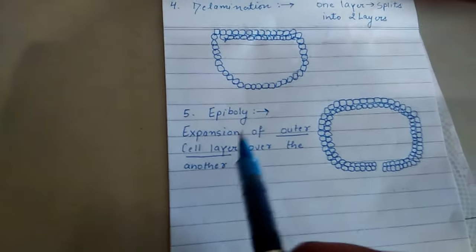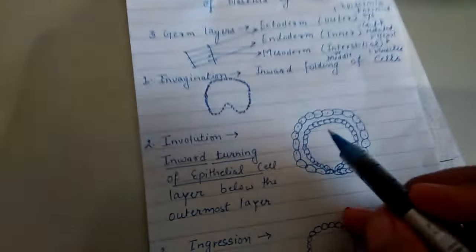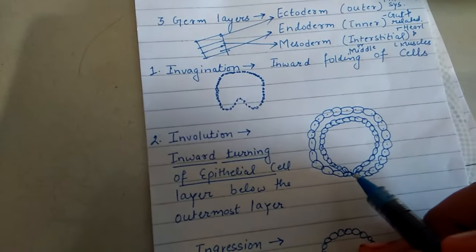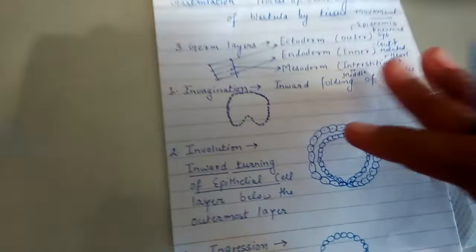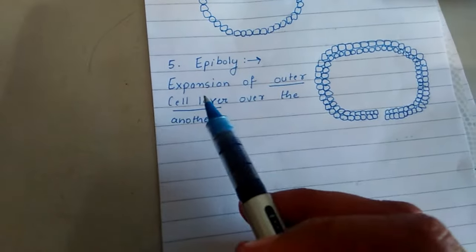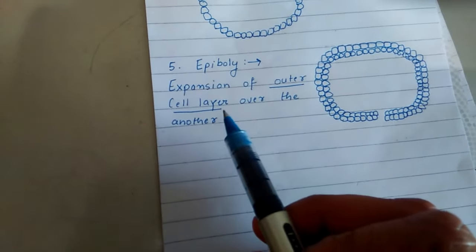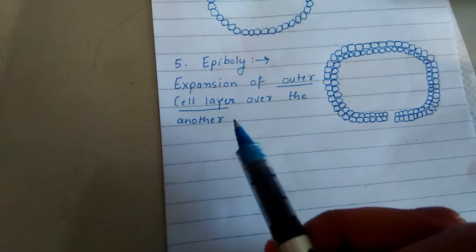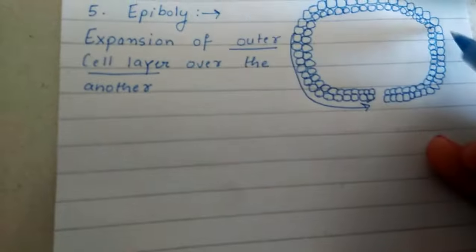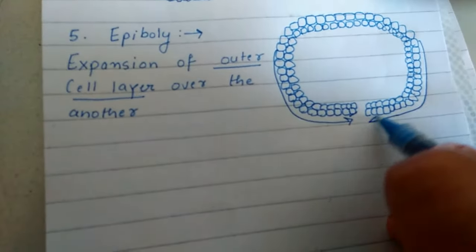In involution we have seen that there is inward expansion of epithelial cells, whereas in epiboly the difference is that expansion of the outer cell layer occurs. So what is the difference? The difference is that here outer expansion of the cell layer occurs. So what's most important in this is that expansion of this outermost layer occurs.